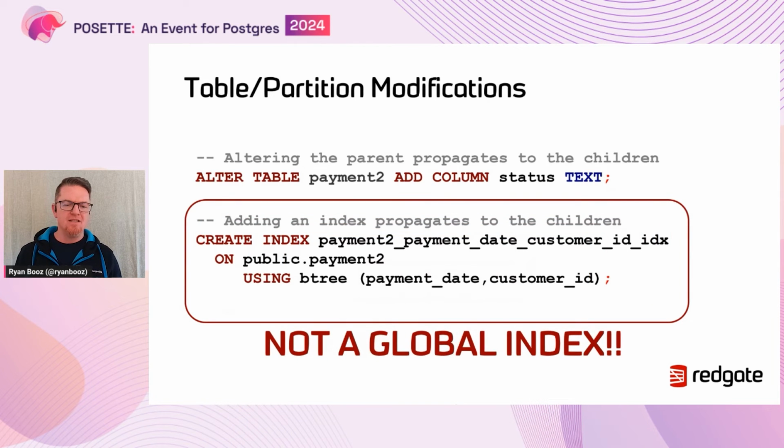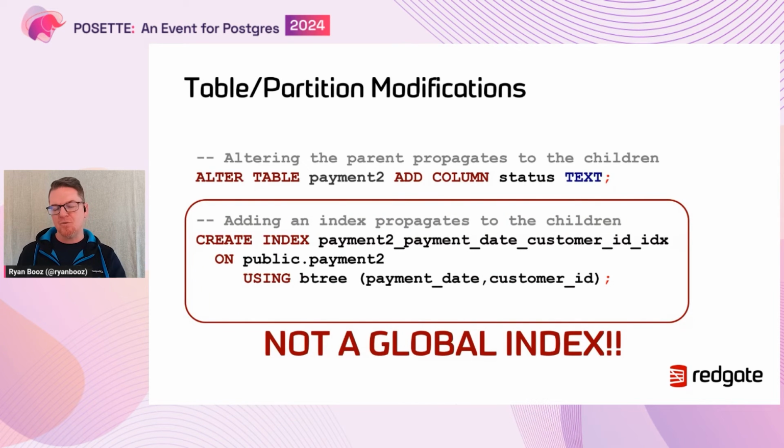One other thing to recognize, and this has become a source of confusion at times when you're dealing with large time series applications, is that when you add an index to that parent table, it is not a global index. Right now in Postgres version 16 and even 17 that's coming, we don't have a concept of a global index that allows the planner to better understand where the data is distributed.